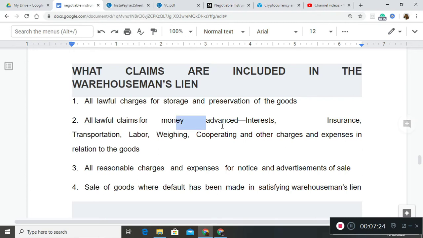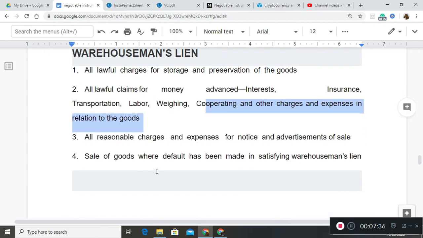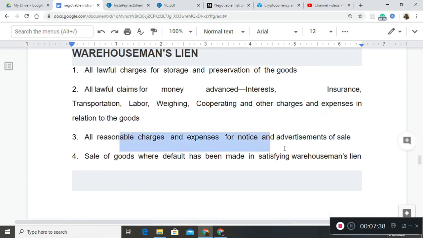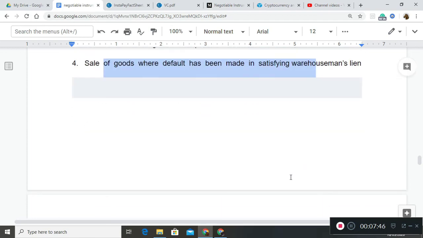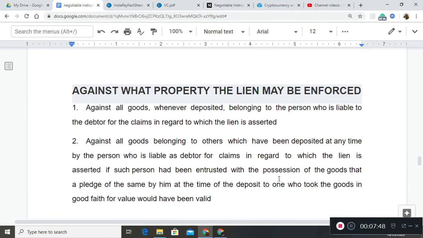If there are advanced money, so interest, insurance, transportation, labor, weighing, coopering, and other charges and expenses. All reasonable charges and expenses for notices and advertisements of sale, sale of goods where default has been made in satisfying the warehouseman's lien.